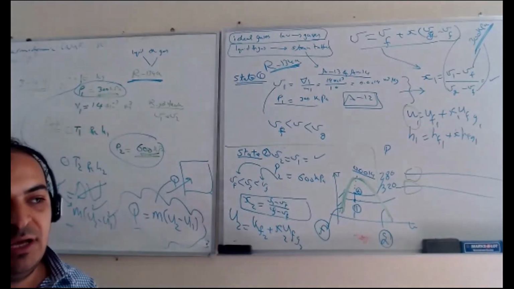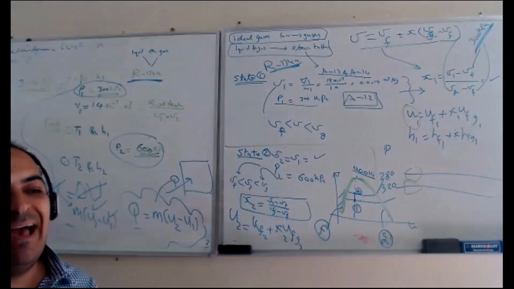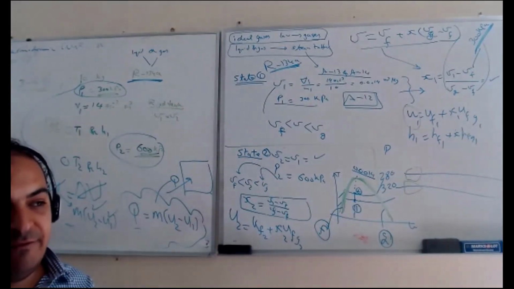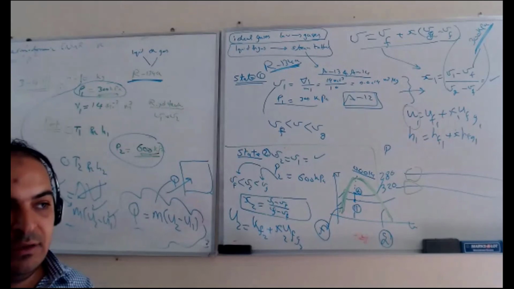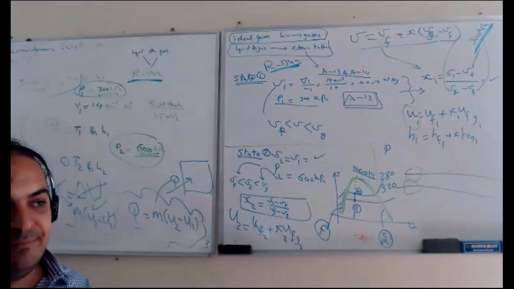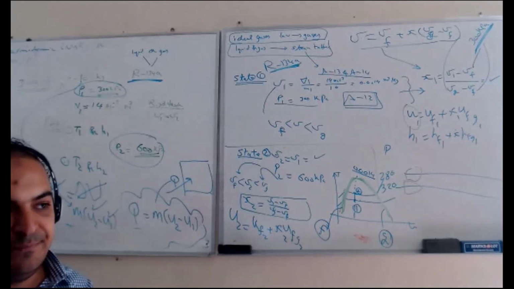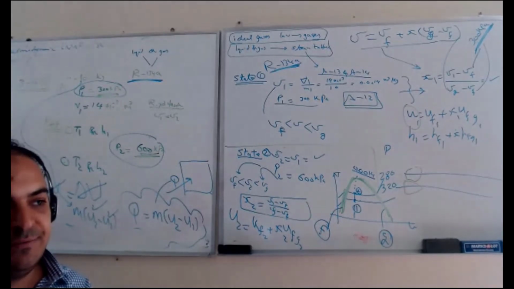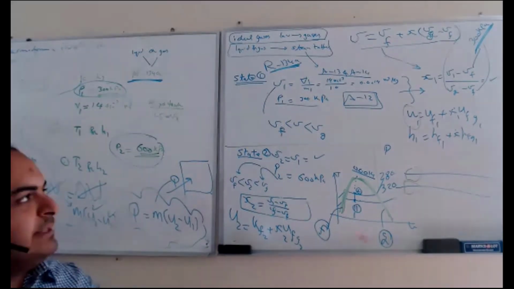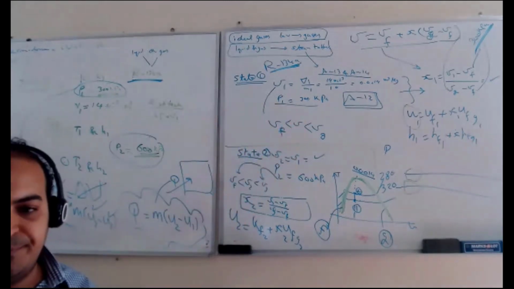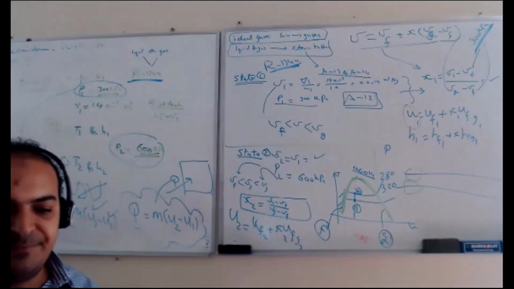Either interpolation, but this is easy, so we can make it an average. So get vf at 280 kilopascal and vf at 320 kilopascal, and average them. You get vf of 300. The same for vg. Plug everything into this equation, and you get the quality, either state 1 or state 2.